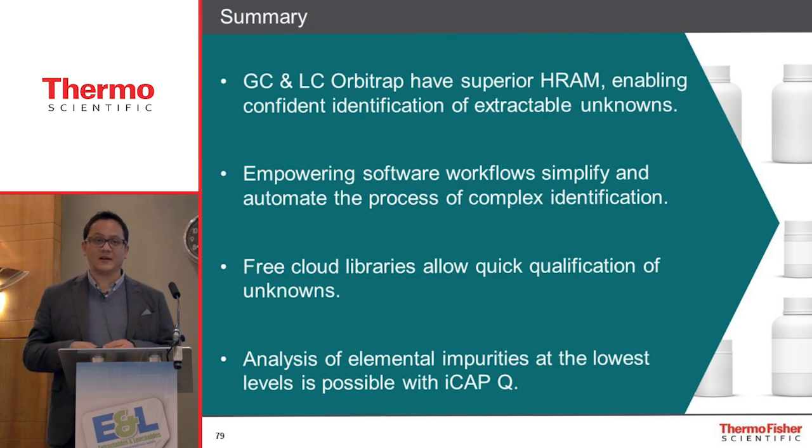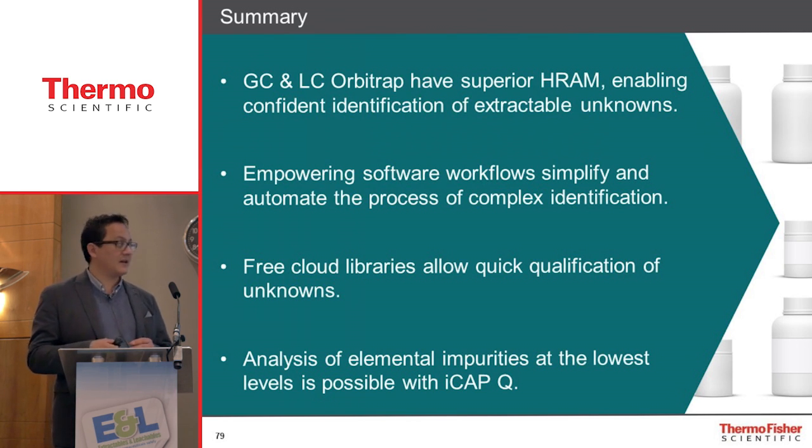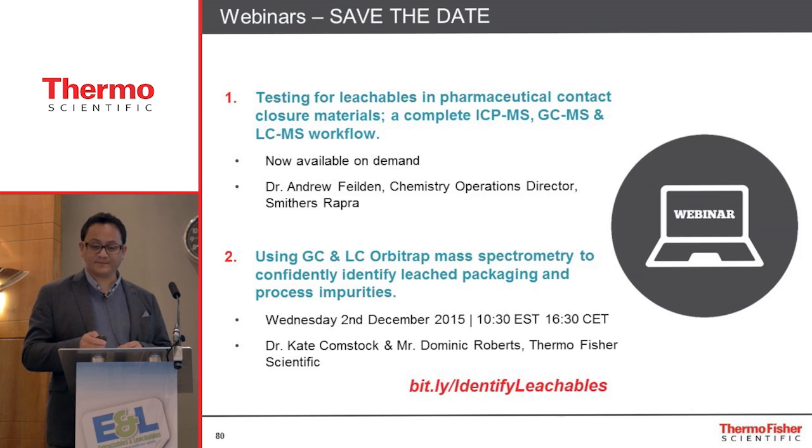As Kate mentioned, Compound Discoverer 2 is available and shipping in December. And TraceFinder is already out there and on sale. We've shown some online cloud-based libraries that HiChem are going to present in more detail today, but we've just touched upon those. And we also presented the data from the ICP-MS.